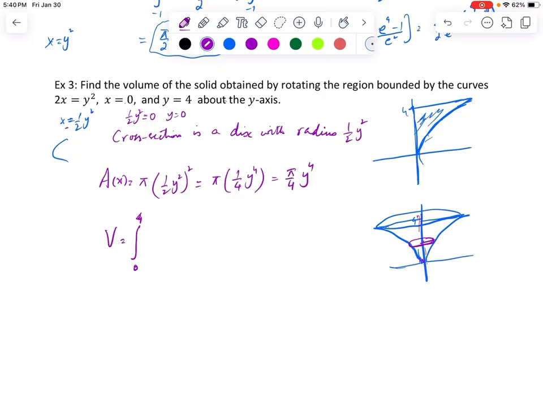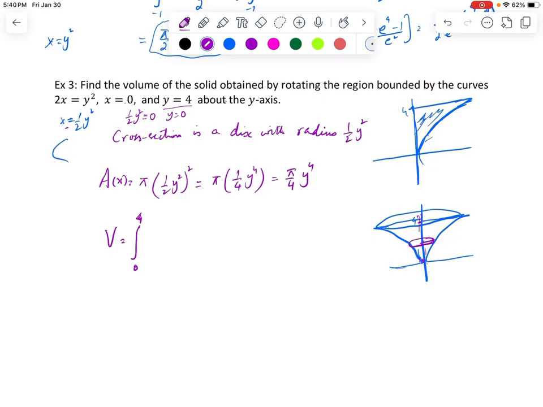So we got 0 for y, and then the line y equals 4, the horizontal line up here, will be the bound.